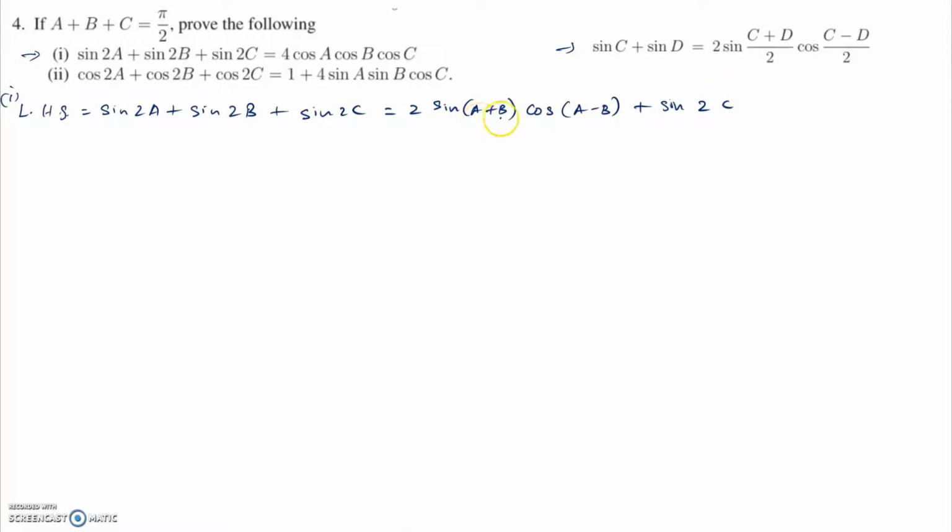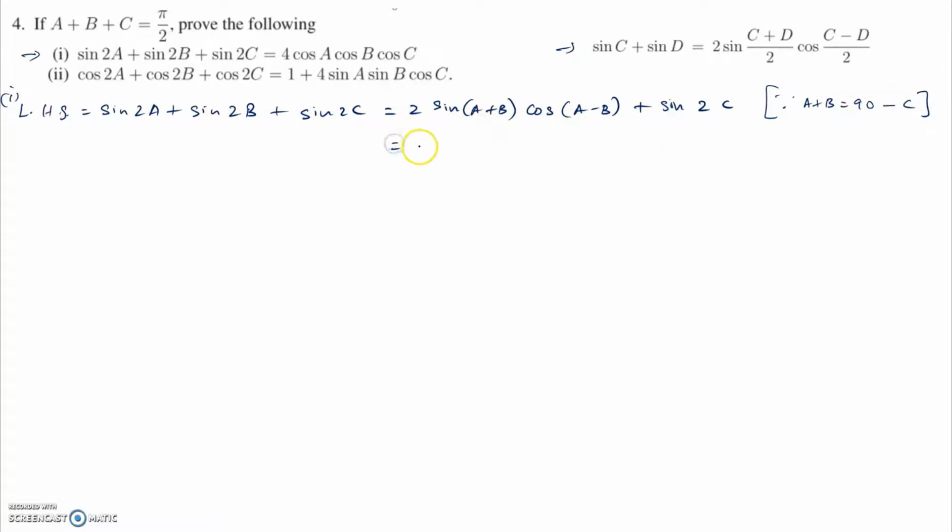Now, we can rewrite a plus b as 90 minus c from what is given here. So, I can say since a plus b is equal to 90 minus c.